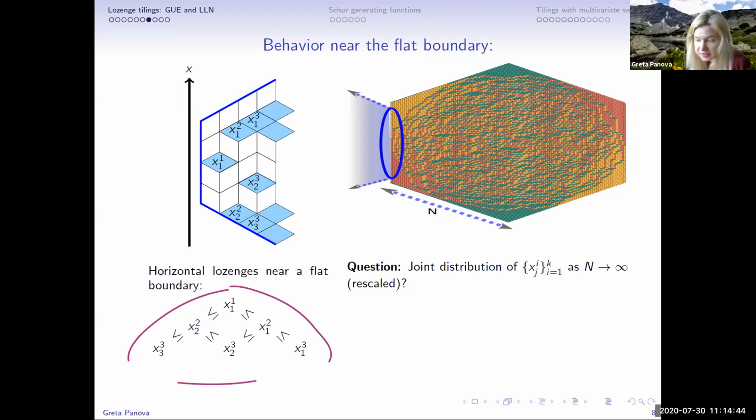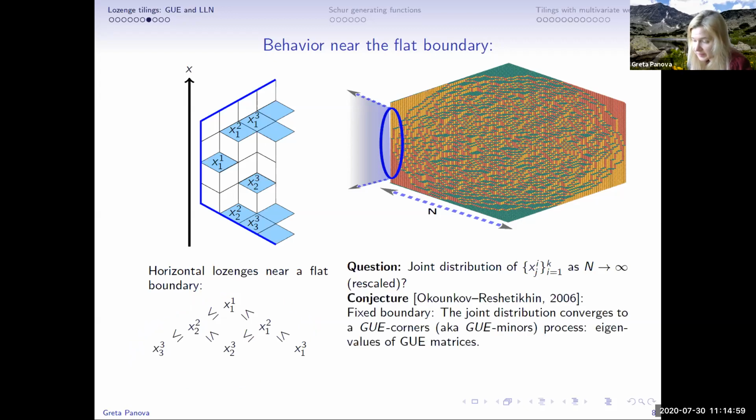Of course we need to rescale somehow, because they're going to be too large. So this is another question: what do we need to rescale by to see something interesting? And that was the motivating conjecture, and there was an argument for it actually. Kenyon and Okounkov gave an argument why something like this should be true in a paper from 2006 called The Birth of a Random Matrix.